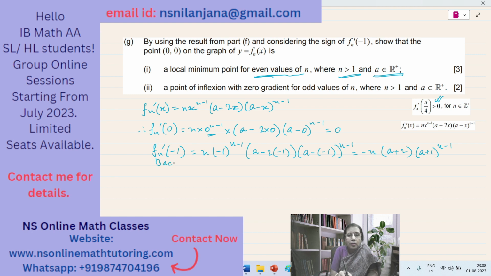Okay. So because n is even, therefore n minus 1 is odd. So -1 to the power of n minus 1 is equal to -1.